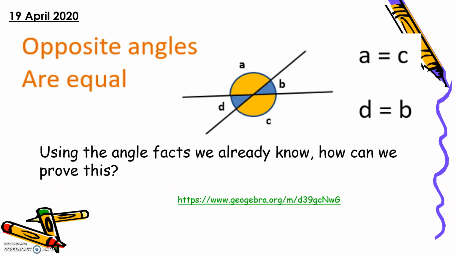So because we know that angles at a point equals 360, it makes sense that the angles on this side, or A plus B, is equal to 180.